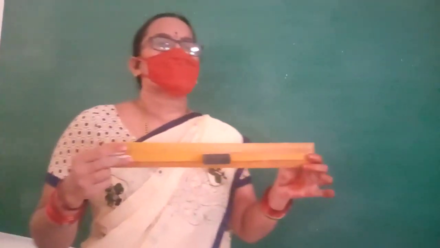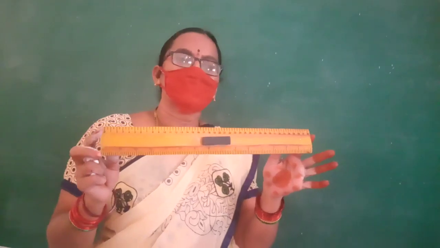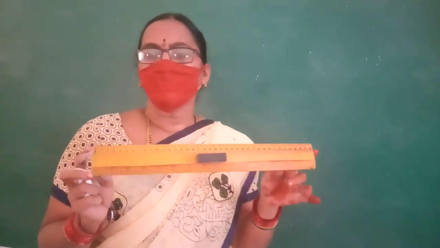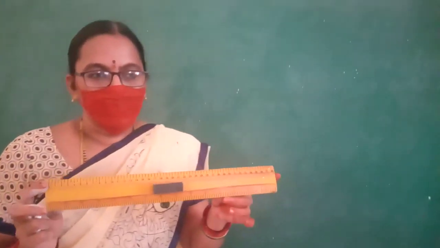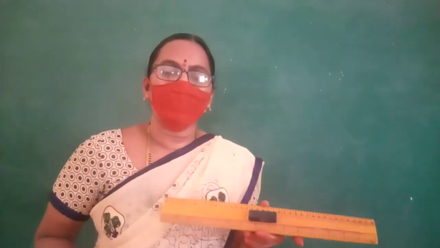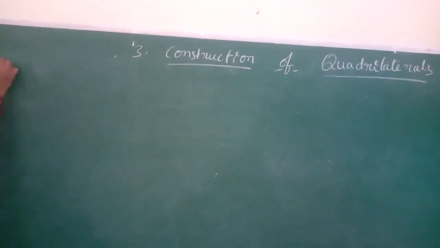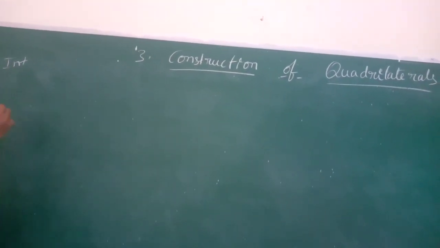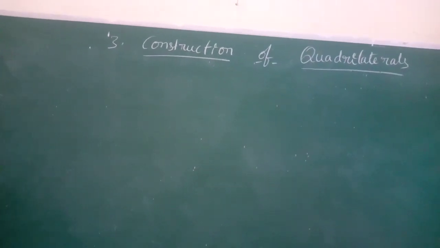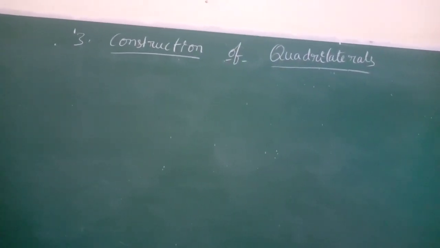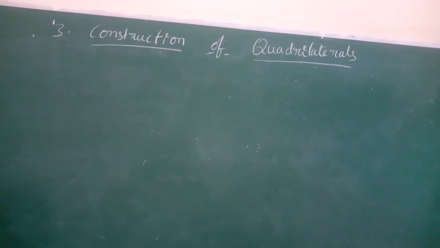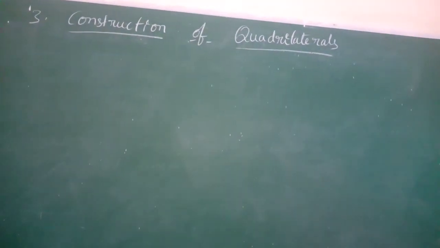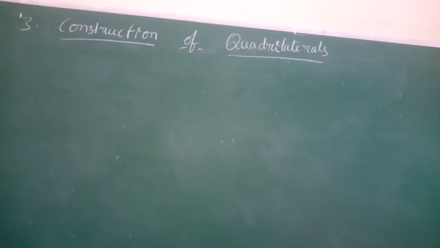Children, what is this? Generally we call it a scale. In maths, scale or ruler. You know all the instruments, write one more time. Instruments: Geometric box.